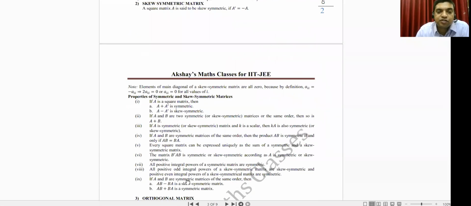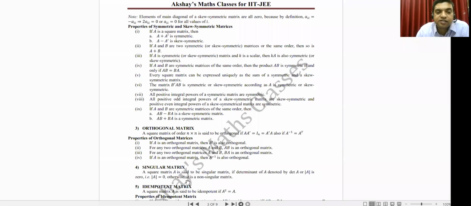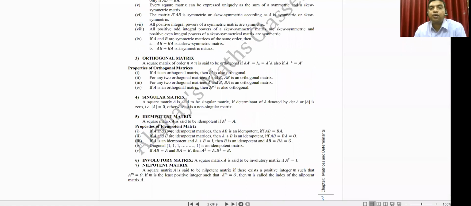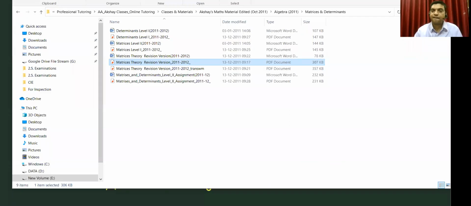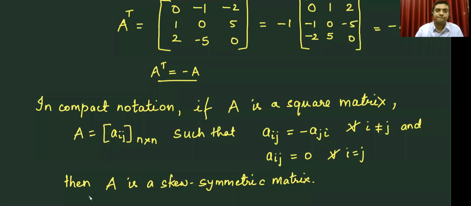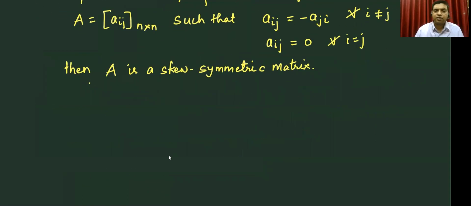Symmetric, skew symmetric. There are so many properties of symmetric and skew symmetric. Orthogonal. Okay. I have to teach A inverse for this. All right.